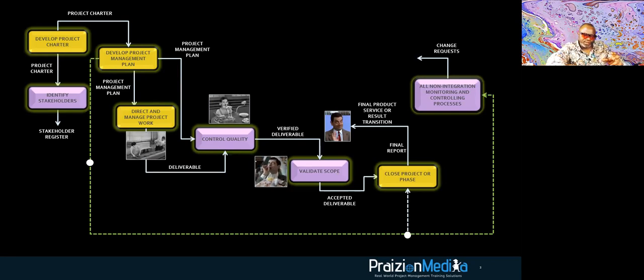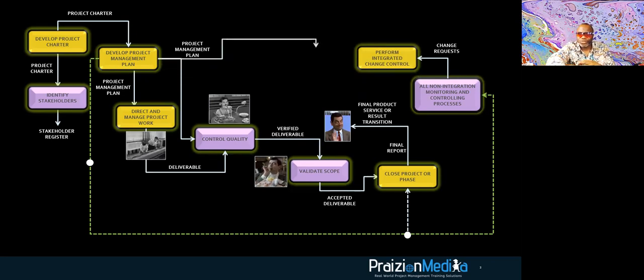Control resources, monitor communications, monitor risk, control procurement, monitor stakeholder engagement, you always see change requests as a possible output. That's what I'm calling out. And guess what? All those change requests, they all go to perform integrated change control. That's where you are going to assess, should we do or should we not?